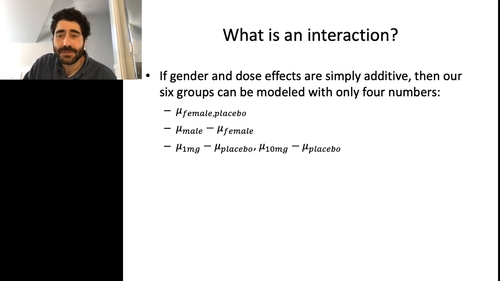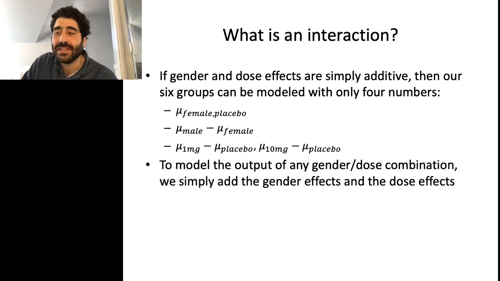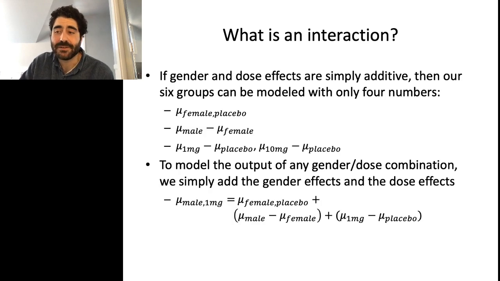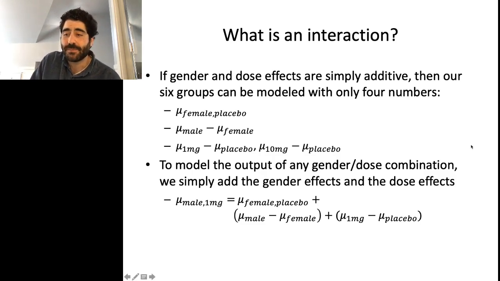And so if there's no interaction, what that means is that for any one of these 6 groups, we can just add up the gender and dose effects. So for example, if we wanted to figure out the mean outcomes of males who are taking 1 milligram of the drug, what we do is we'd start from our baseline condition, which is this female placebo condition. We'd add in the gender effect.